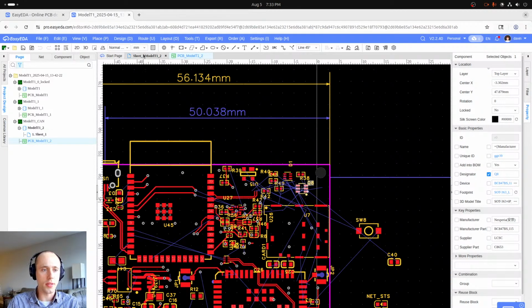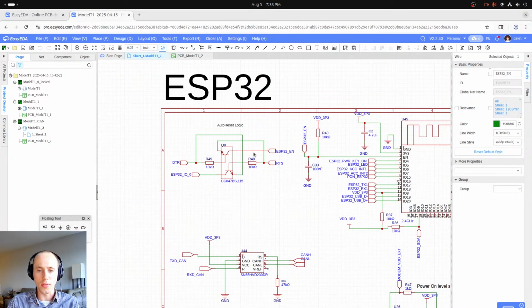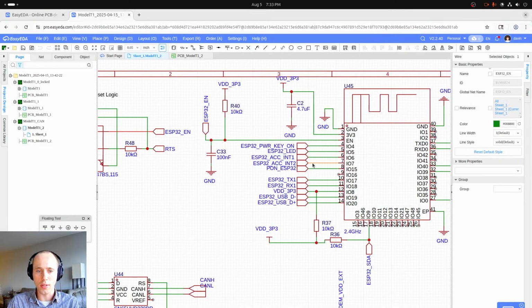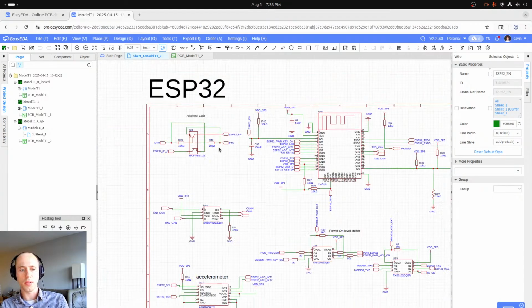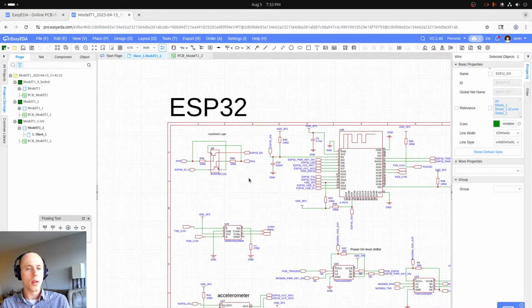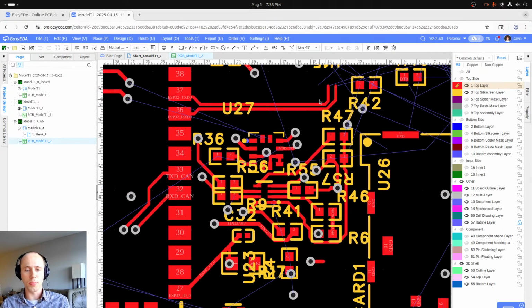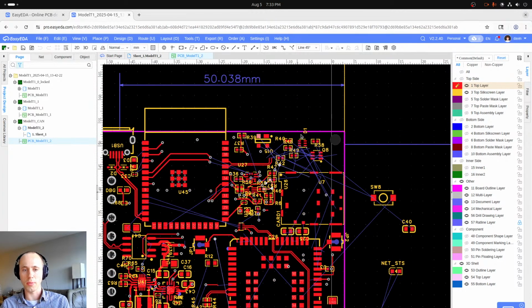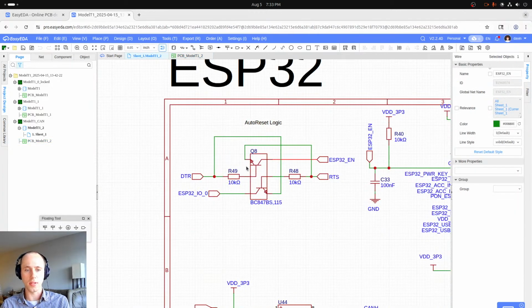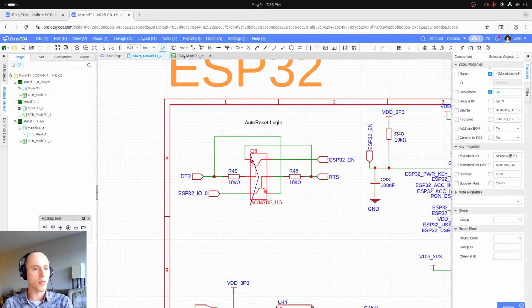Where is it going to? All right, ESP32 enable. That should be going to the ESP32. Where's the enable? Oh, here it is. So the enable's here. It's going to want this. Okay. All right, let's group the components together. I think that will be a good idea. For instance, we're going to group these two resistors next to them.